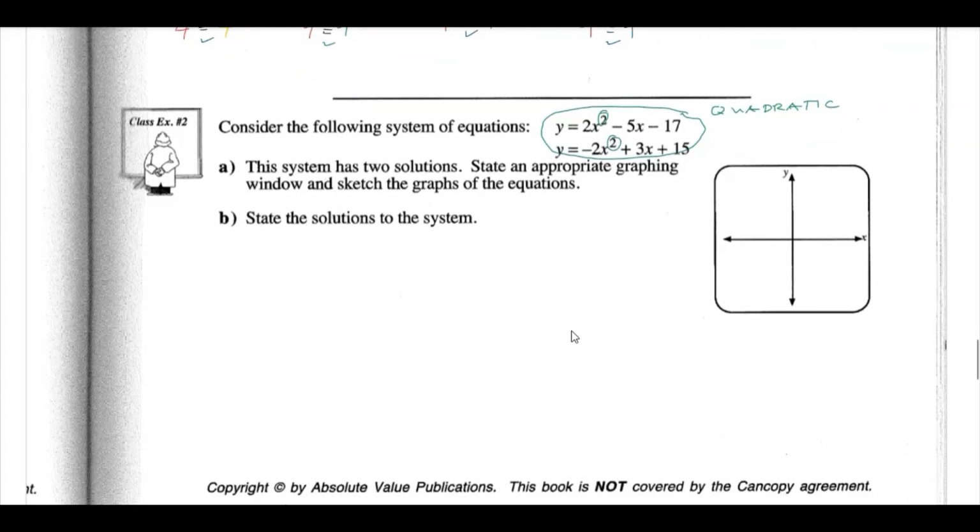So what I'm gonna do is place these two quadratic equations in my Desmos calculator.